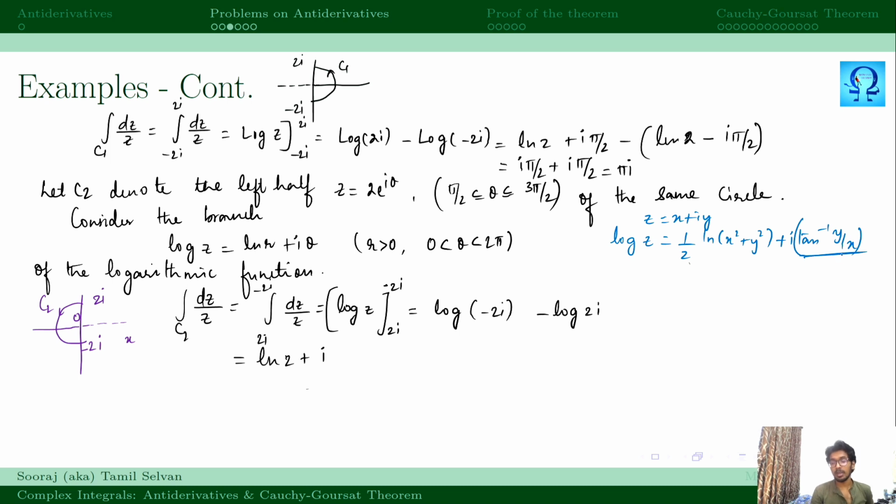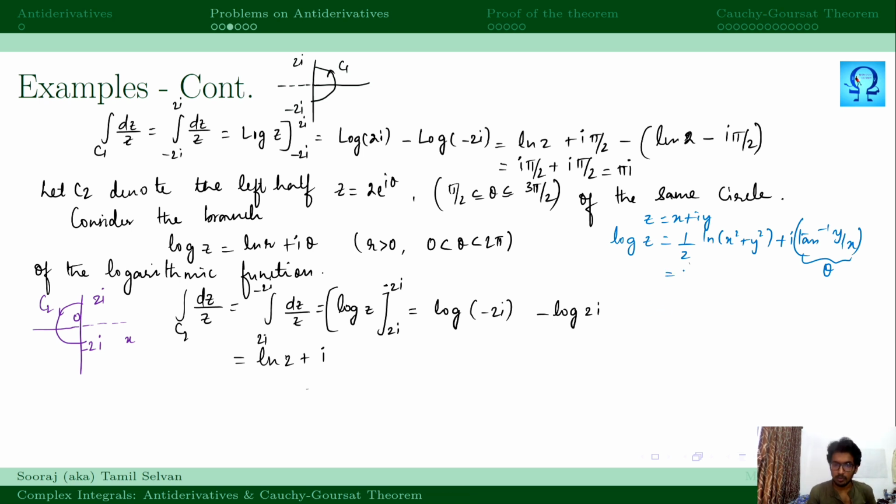If we write this as theta, this theta can take any value inside any interval of length 2 pi. Here we have specified that theta must be in the interval pi by 2 to 3 pi by 2. I thought I had made some mistake, but there is no mistake. This is the case we are considering right now.